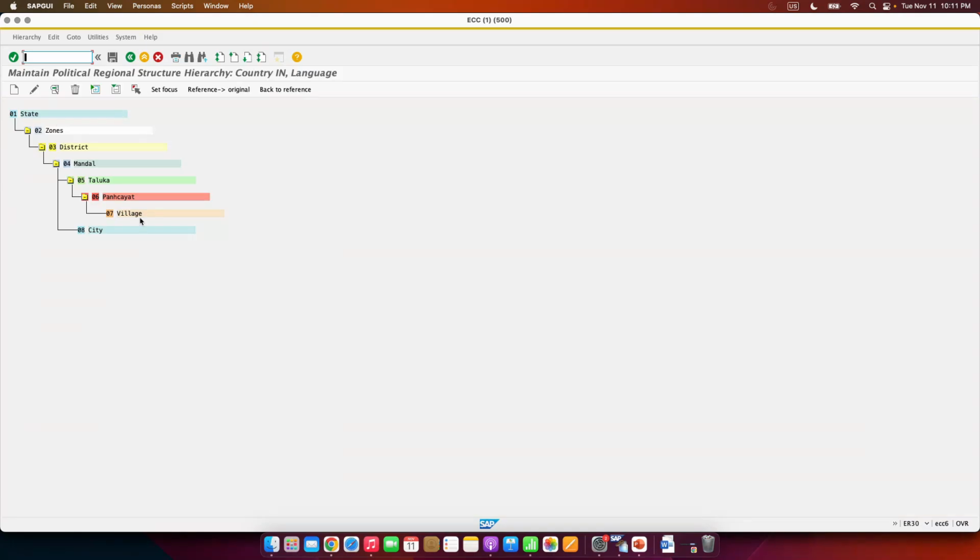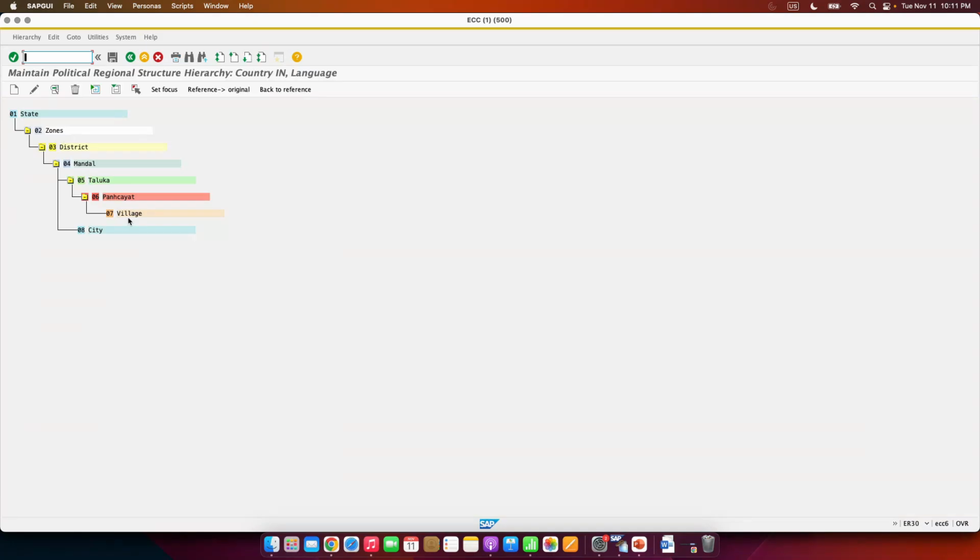So this is all about political. In the political regional structure, you'll have two components. One is maintain hierarchy, and the second one is maintain node. The hierarchy is: you'll have a state, state will have zone, zone will have district, district will have mandal, mandal will have taluka, panchayat.